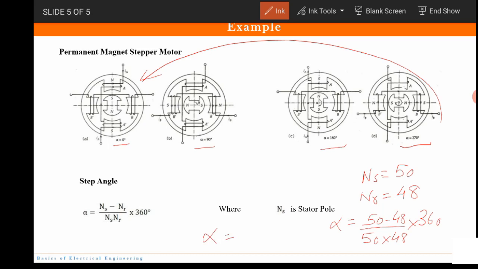Come on, quickly do the calculation. But it has to be in degrees. You can find it out on your own, but you have to convert it into degrees. Fine.